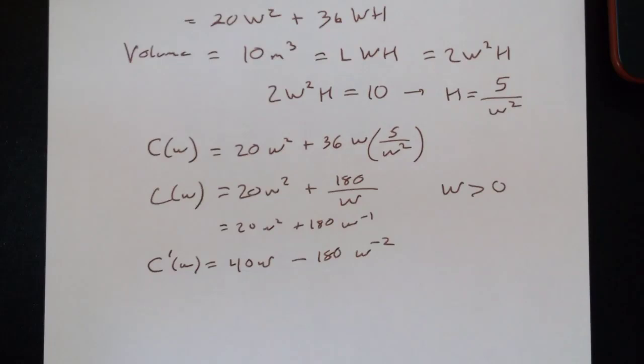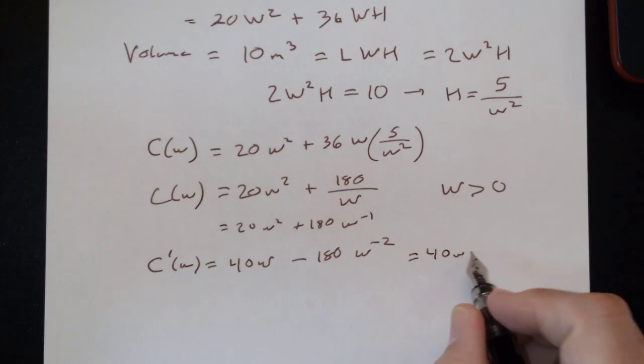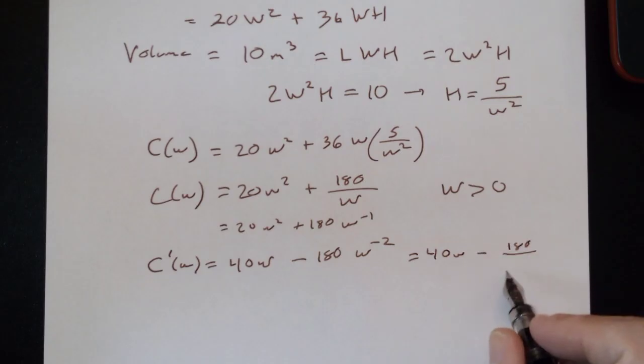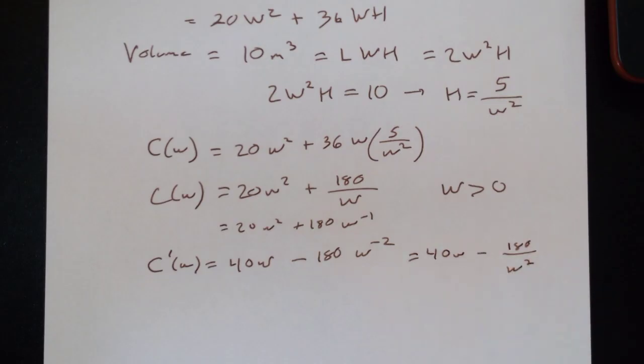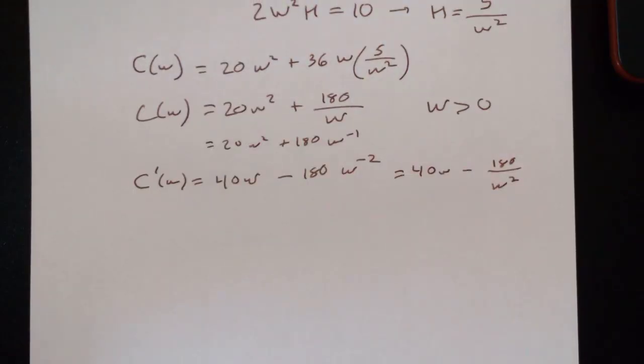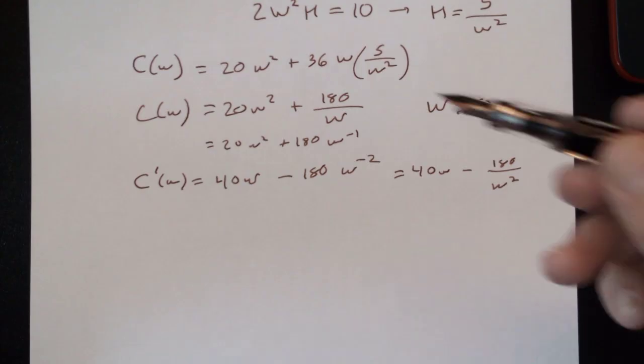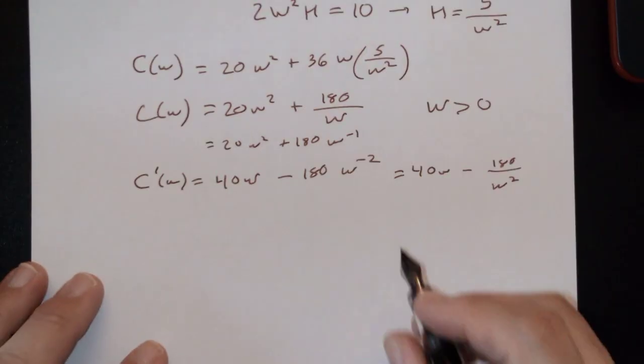(40w minus 180w to the minus 2), or 40w minus 180 over w squared. I want to know where this is undefined. I want to know where this is equal to 0. I should probably make a common denominator. If I do it here, that's just the same as if I'd done it up here and then done the quotient rule.